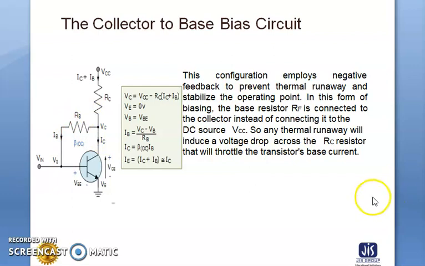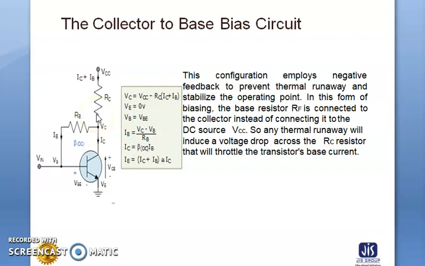As the biasing voltage is derived from the voltage drop across the load resistor RL, if the load current increases, there will be a large voltage drop across RL, which reduces the collector voltage VC. This effect will cause a corresponding drop in the base current IB, which in turn brings IC back to normal.